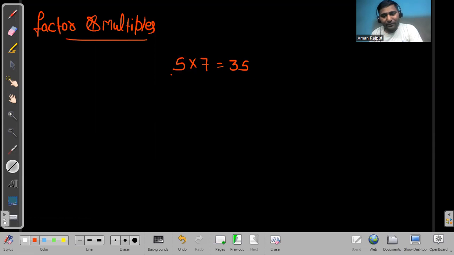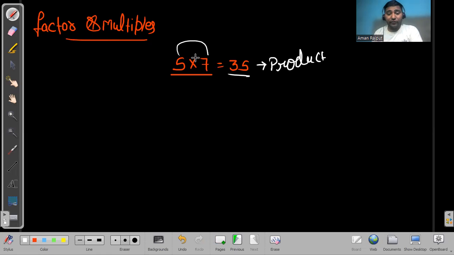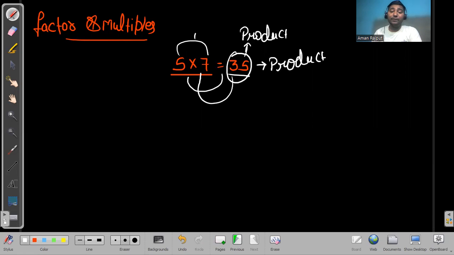When we multiply 5 by 7, we get 35 as the product. So we can say that 35 is a multiple of 5 and 7, but the factors of 35 are 5 and 7.